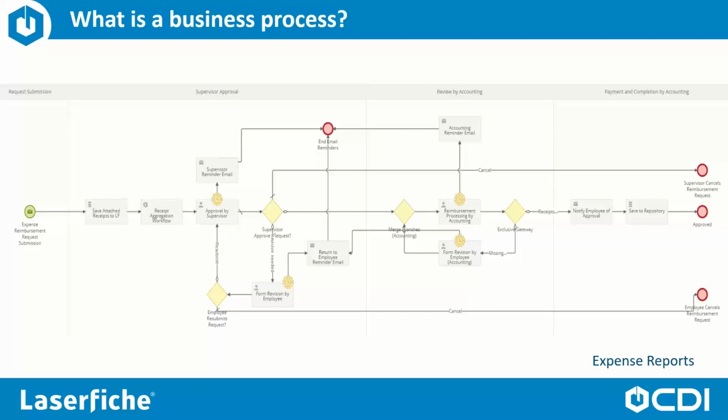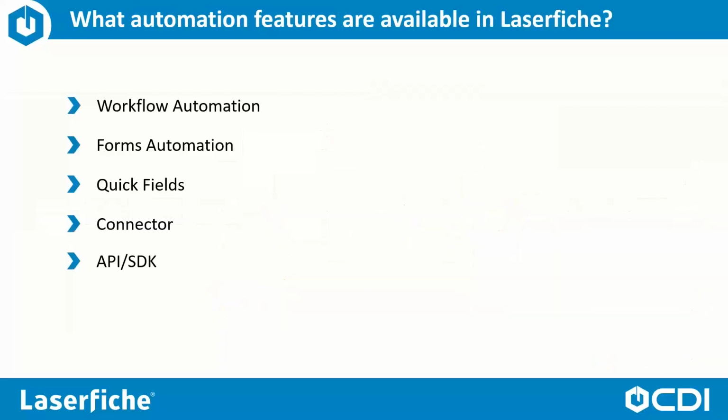Laserfiche has multiple process automation tools that you can use within the software, assuming they're a part of your existing configuration. Let's talk through them. There's the obvious one, workflow automation, which allows you to route things within your repository, rename documents, push to external databases, and do all of that stuff.